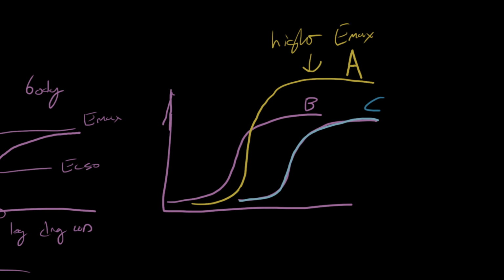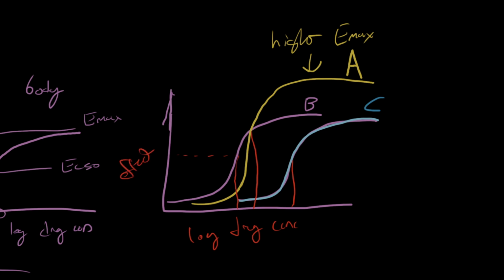Looking at this, we have different Emaxes and different EC50s for these drugs. I'm going to do this in red. So we can see here drugs A, B, and C. We draw some EC50s. This is log drug concentration, and this is effect.